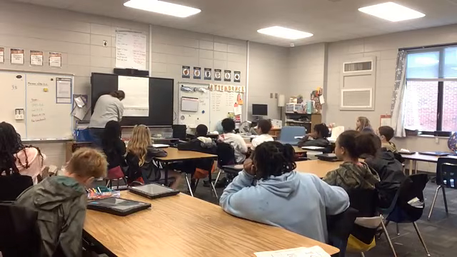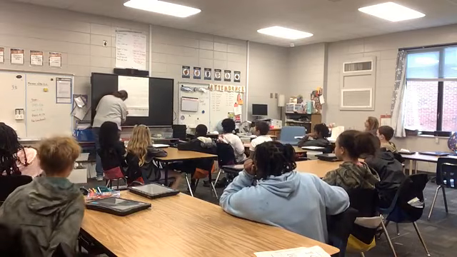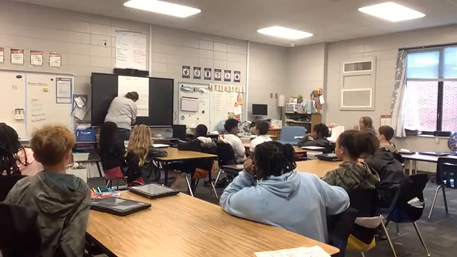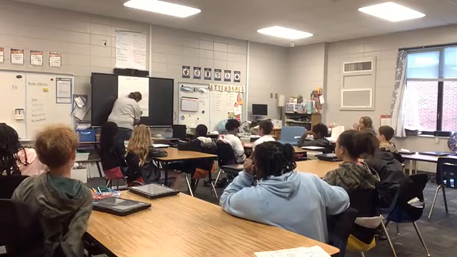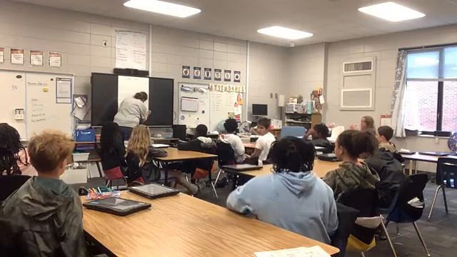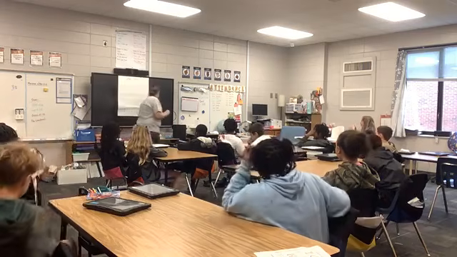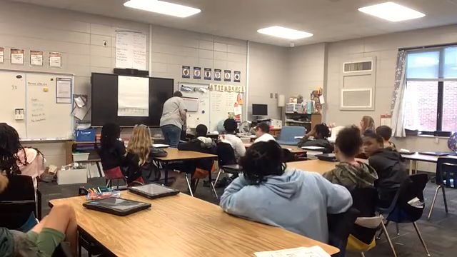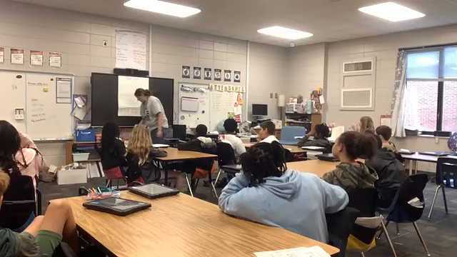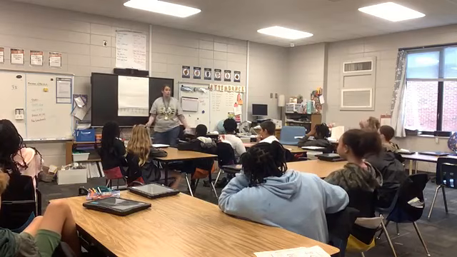We'll start with 1, 2, 3, 4, 5, 6, 7, 8, 9. All right. So here's what we can do. I can let everybody come and put their X where it goes on the line plot.